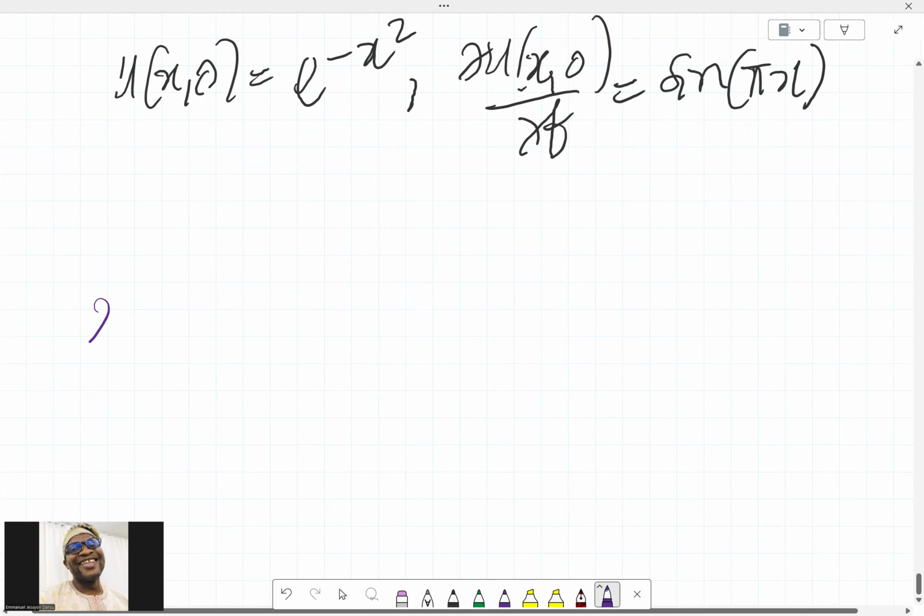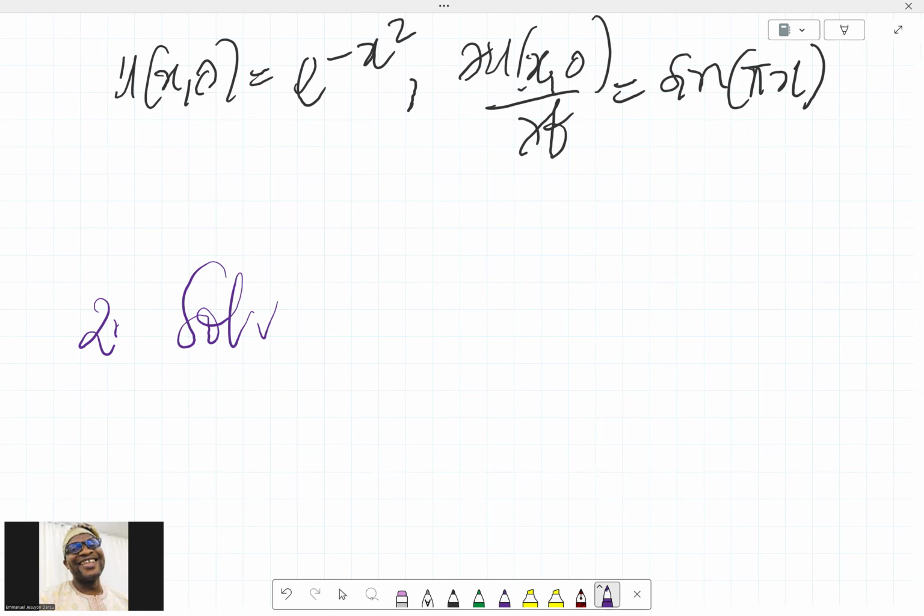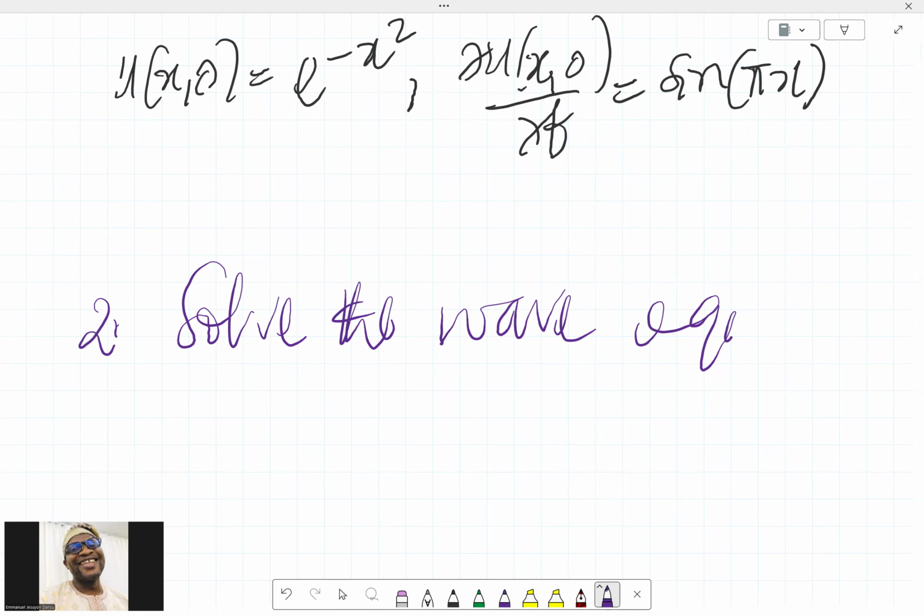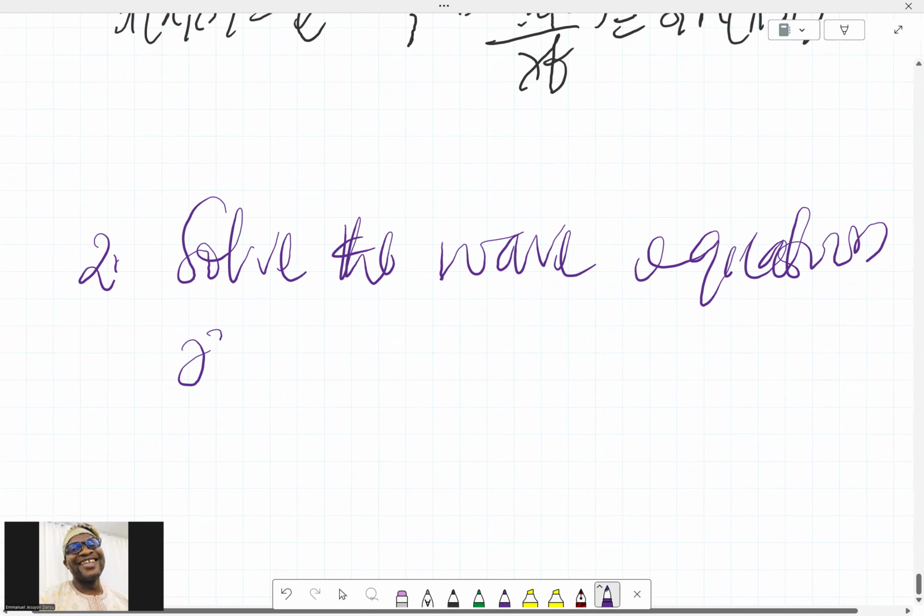Then number 2. Solve the wave equation. Of course, the wave equation is just what it is.